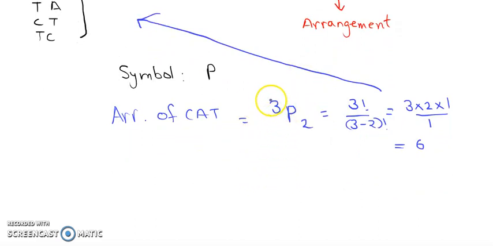Let's call this number, the one that I'm going to highlight here, n, and let's call the pink one r. So I can write the same thing as nPr, and the general formula for it is n factorial divided by n take r factorial.